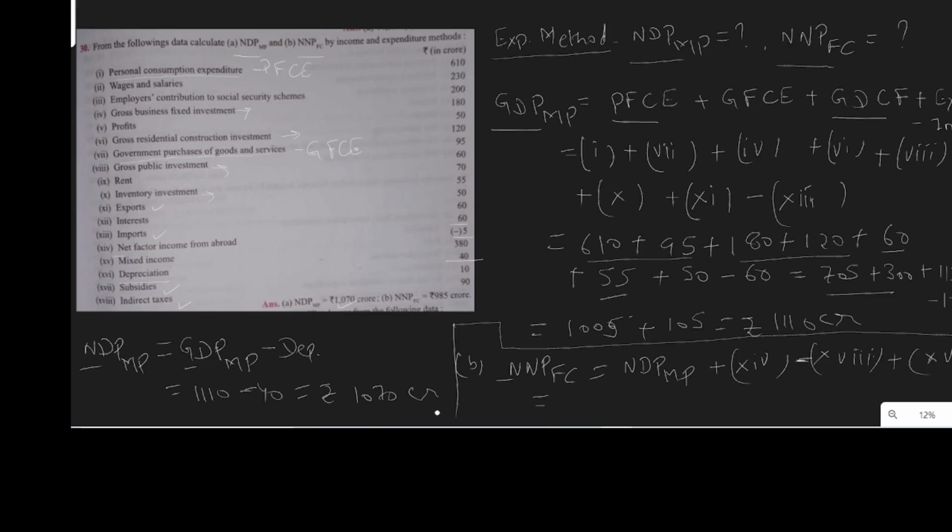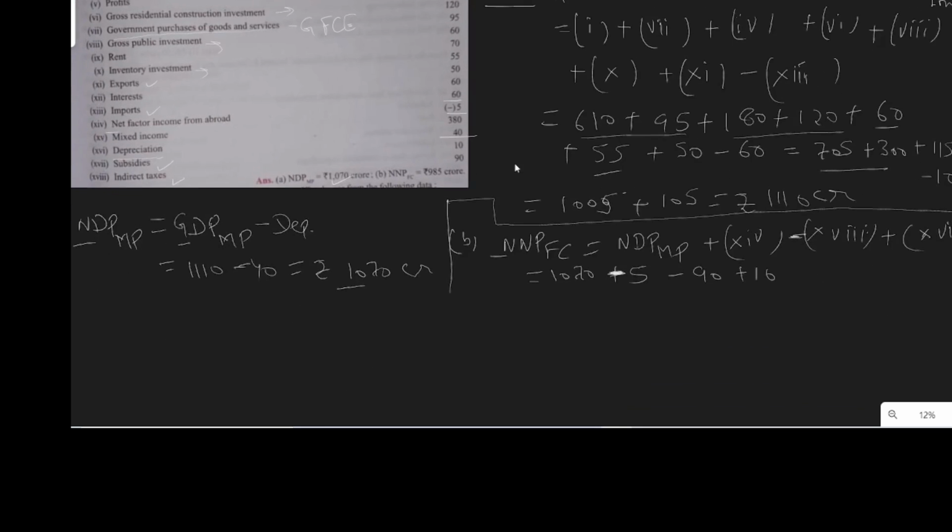Now we'll put the values. NDP MP is equal to 1070. The 14th, NFI, is minus 5, so plus minus is minus. Then minus indirect taxes. Indirect taxes is 90. Then the 17th, subsidies, that is 10. Yes, it is 10.